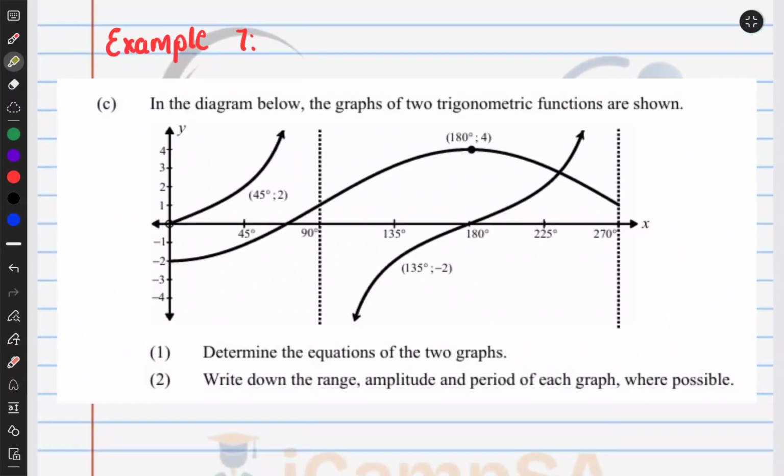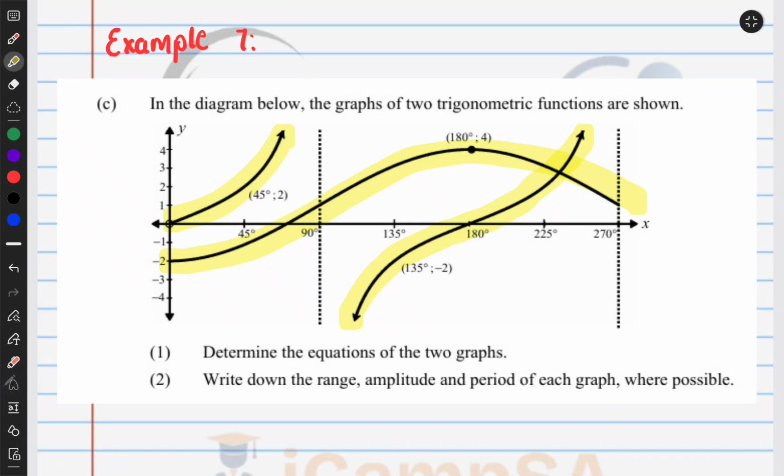Example number 7. Okay. So for example number 7, in the diagram below, the graphs of two trigonometric functions are shown. First things first, we see the first graph with the asymptotes. We know that this is the tangent graph, and then we have the other graph beginning at 2.